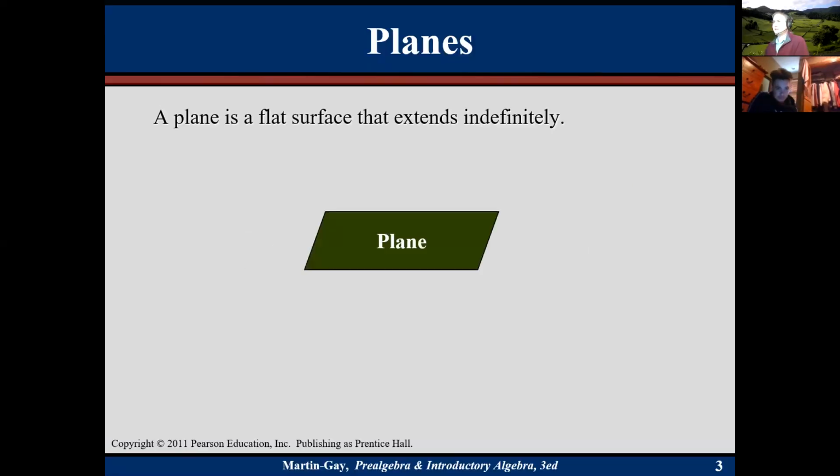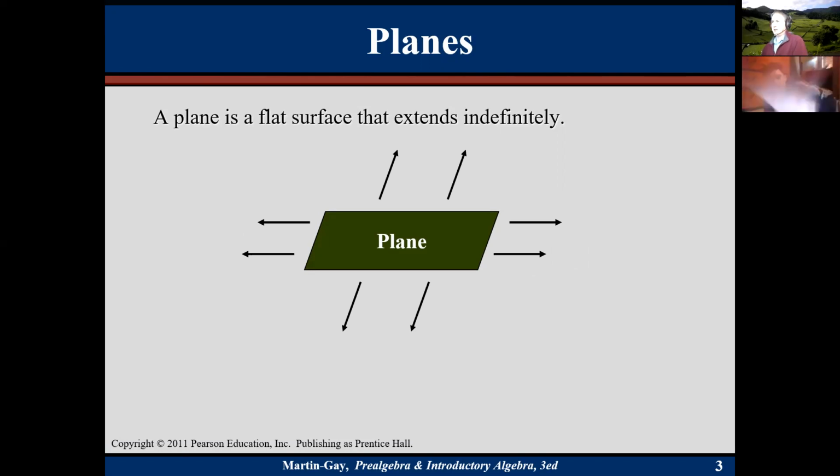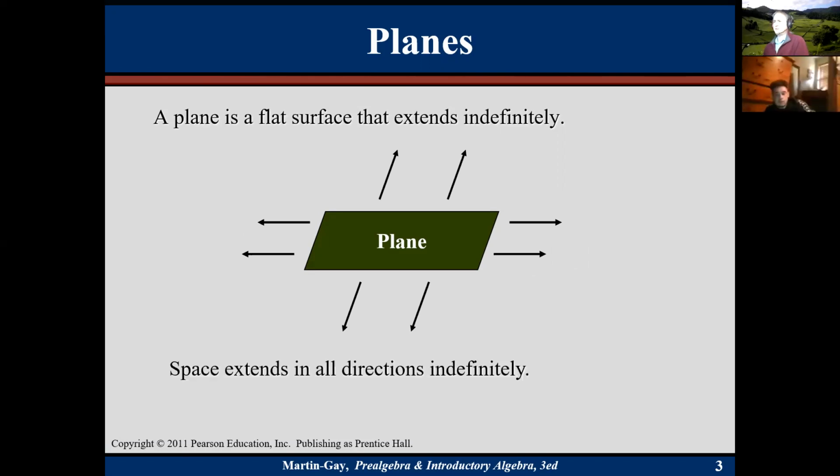One of the concepts that is central to geometry is a plane, and a plane is a flat surface that extends indefinitely in all directions, right? If you think of a sheet of paper that is flat and goes out to infinity in all directions, that would be a plane.